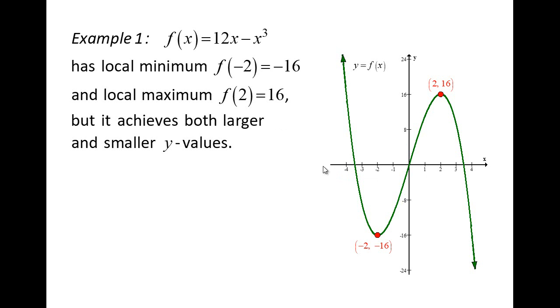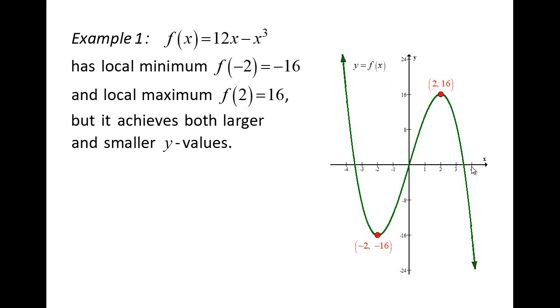If I take the domain of this function to be the set of all real numbers, which is the largest possible domain of this function, then in that case, this function attains neither a global max nor a global min.